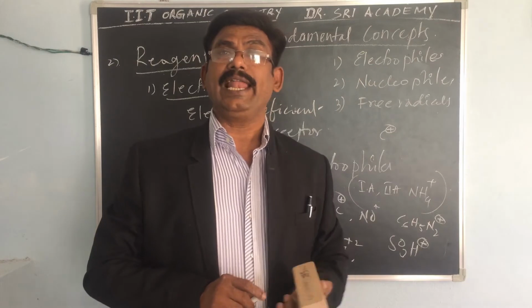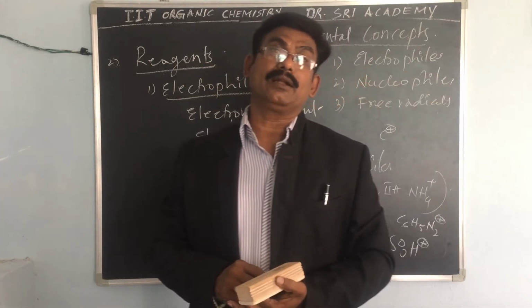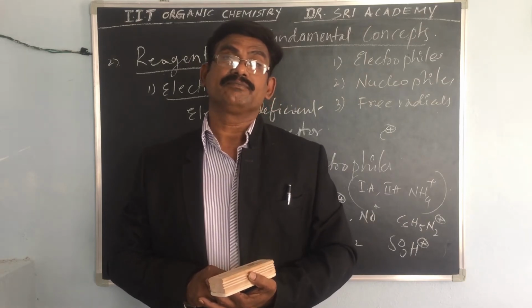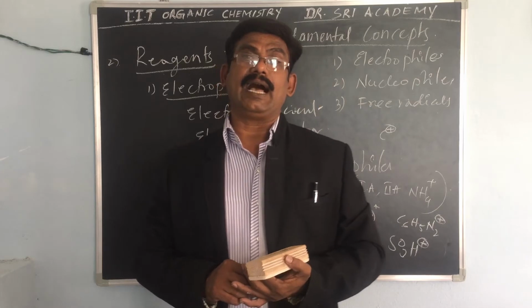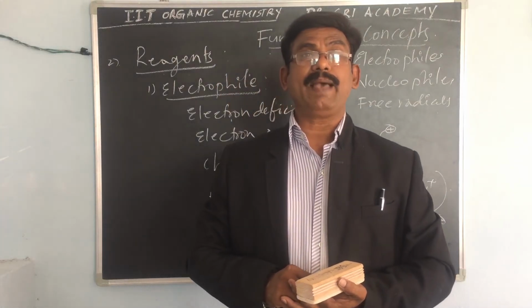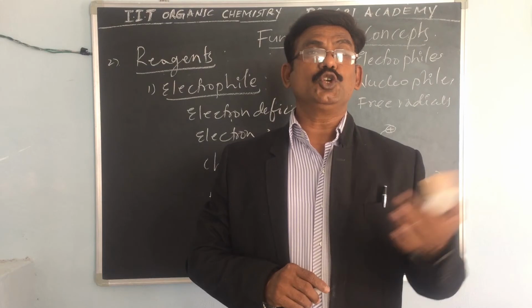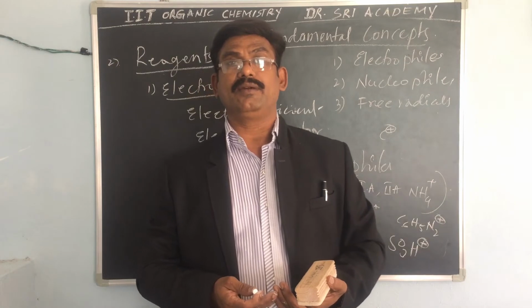And neutral electrophiles. What are the neutral electrophiles? Neutral covalent compounds in which the central atom has an incomplete octet and can expand due to the presence of empty d orbitals.